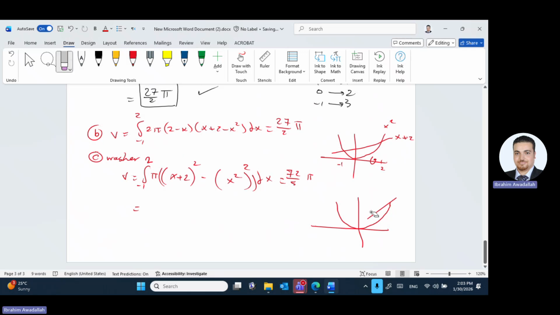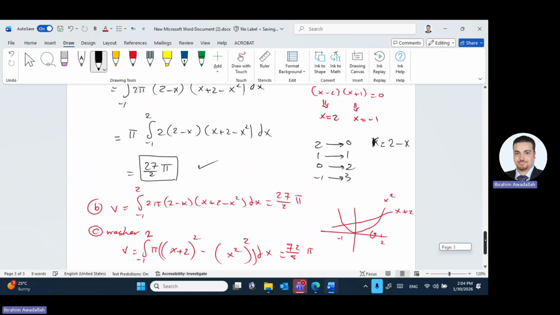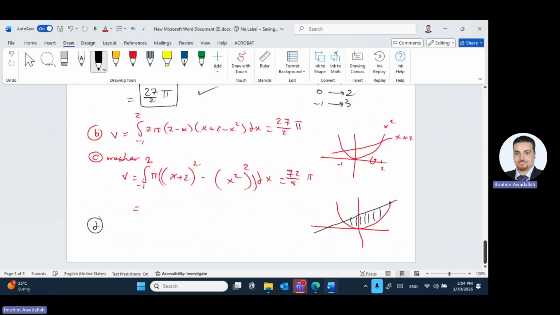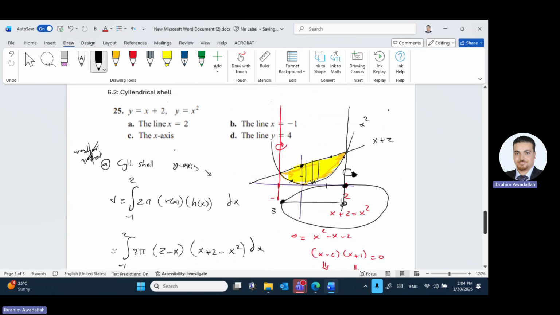This line should be a little bit up, it's not. D, about what? D, about y equal 4. Is this point 4 or is it 2? As x substitutes 2, the answer will be what? When we substitute 2 here, yes, 4, this point would be 4.